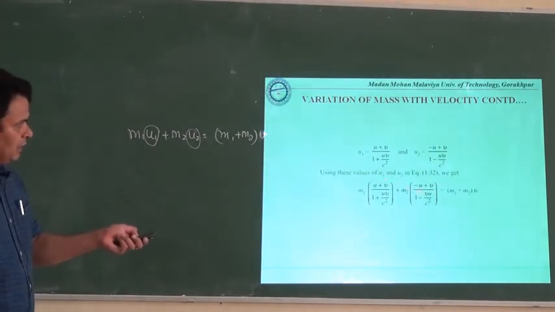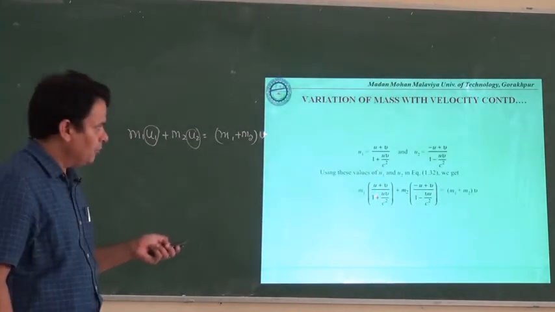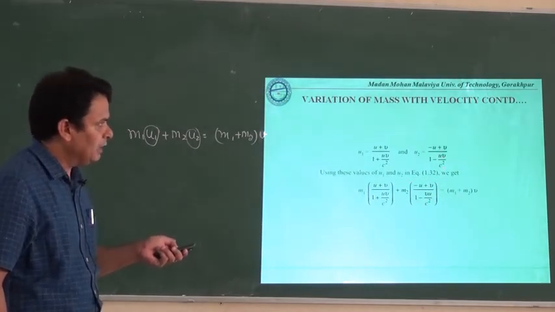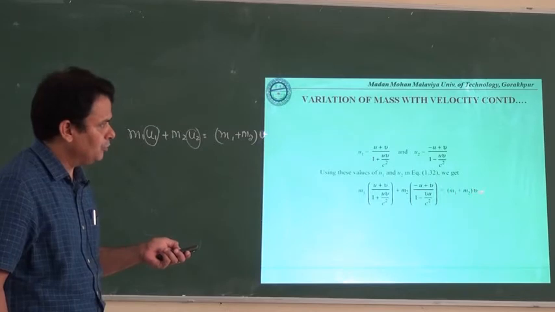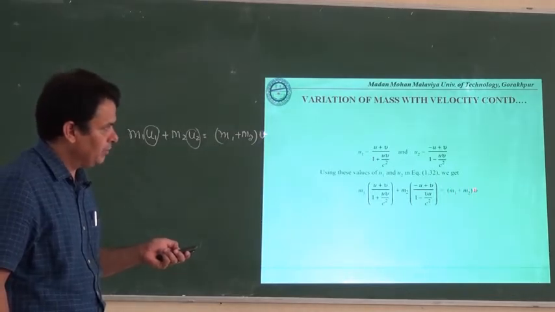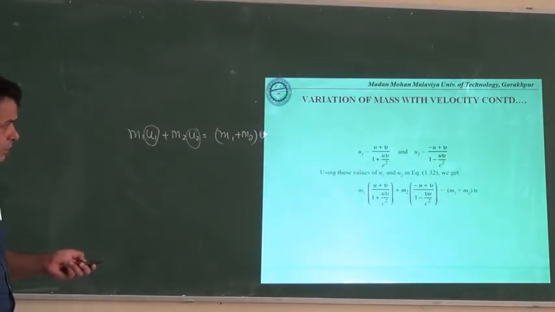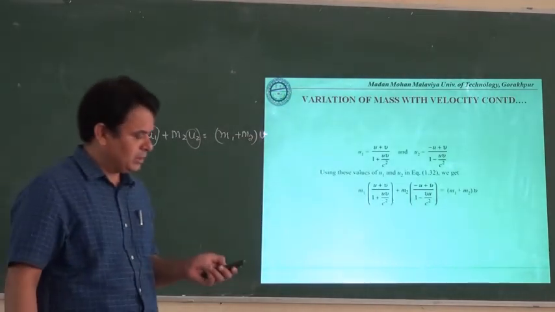By putting these values here, the value of u1, the value of u2, and here (m1 plus m2) into v. I have already explained why we are writing u here and v here, because v is the velocity with which the second frame of reference is moving.